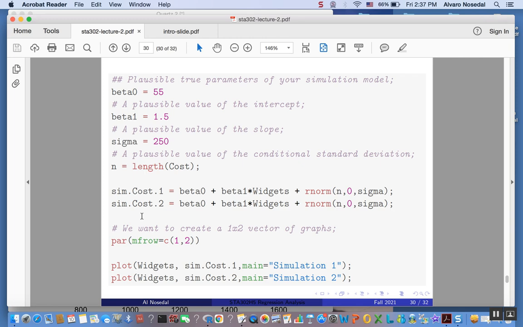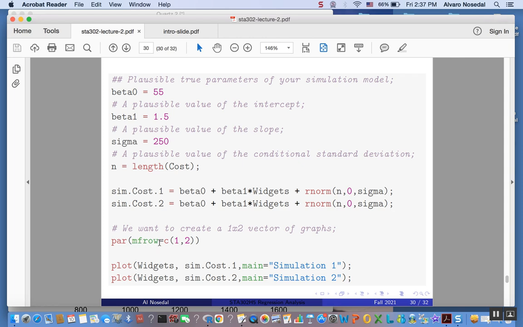Now, this command par stands for parameter, right? What we're going to be doing here is making a matrix of plots.